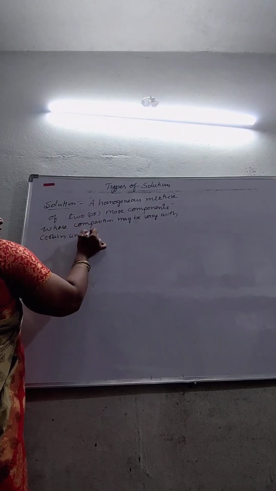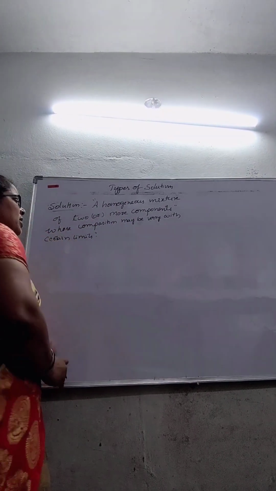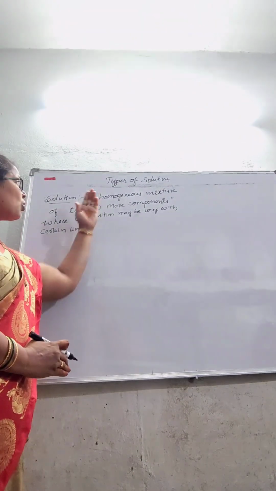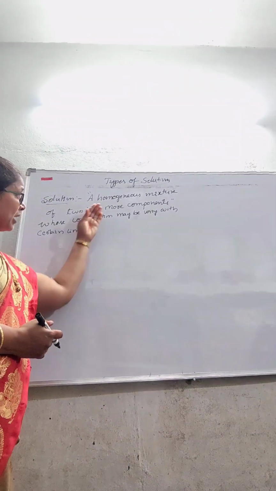A homogeneous mixture of two or more components whose composition may vary within certain limits is called a solution. So by taking one example, I will explain the definition.